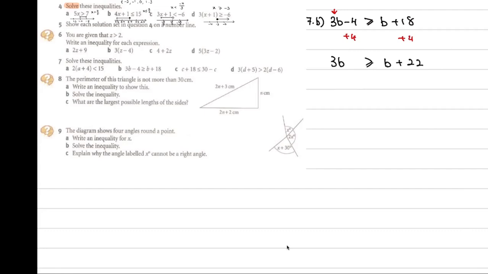Now I'm going to remove the b from the right hand side. So I'm just going to write minus b here, and I'm going to do minus b here as well. So 3b minus b is equal to 2b, 22 divided by 2, divided by 2. That's it.